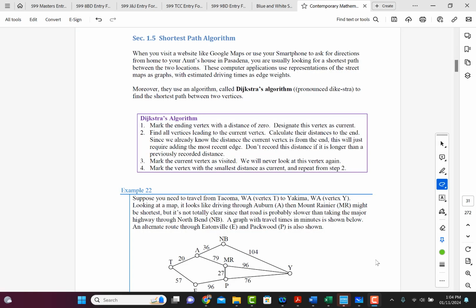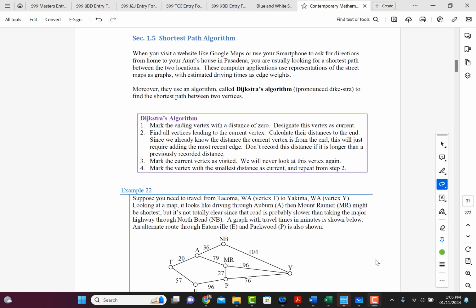All right, welcome back. And so now we're going to start section 1.5 on the shortest path algorithm. When you visit a website like Google Maps or use your smartphone, you ask for directions from home to your aunt's house in Pasadena. You are usually looking for the shortest path between two locations.